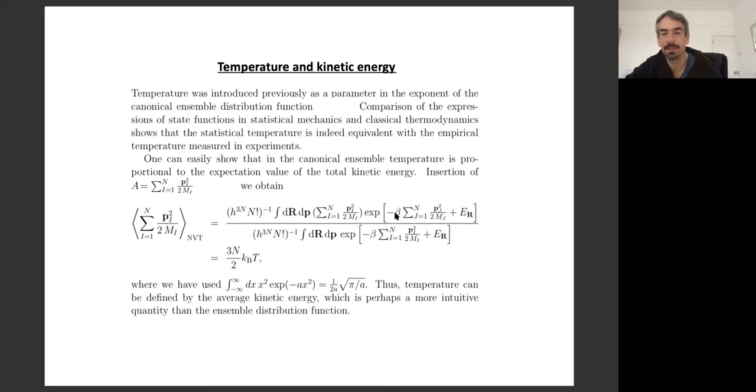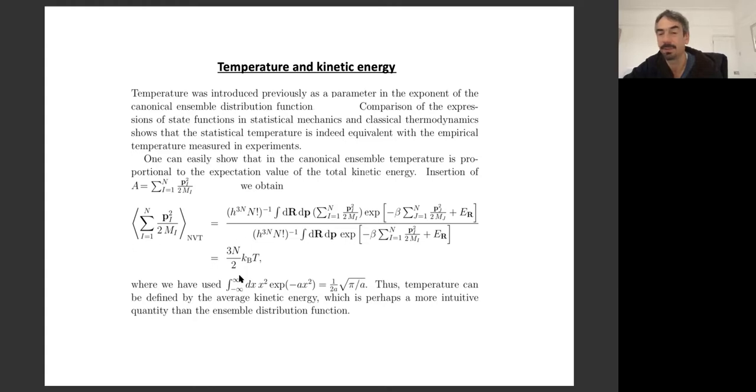So a in this case is beta, so it would be beta over 2, and that's 1 over 2 kT. You get 1 over 2 kT for each degree of freedom, because this is a 3n dimensional integral. You have to multiply this with 3n, and that's why you get this final result, 3n over 2 kT.